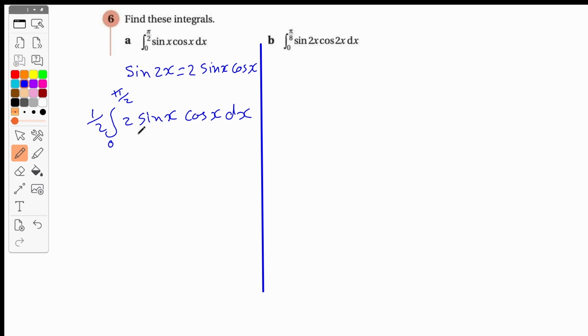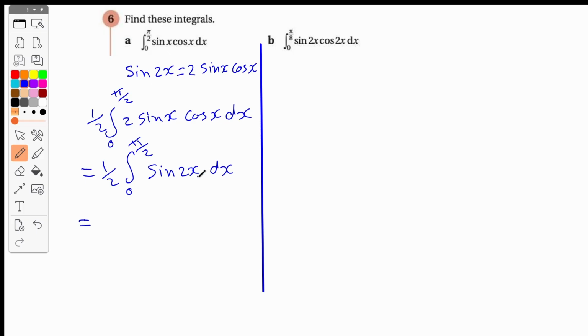So this integral could be written as half the integral from 0 to pi over 2. You know that 2 sine x cosine x is the sine double angle, sine 2x dx, okay?